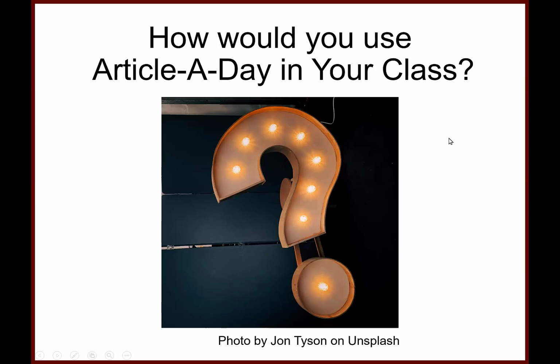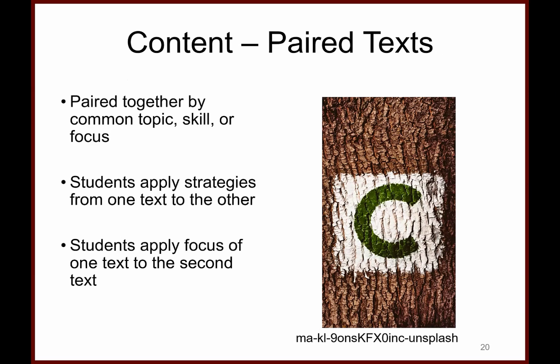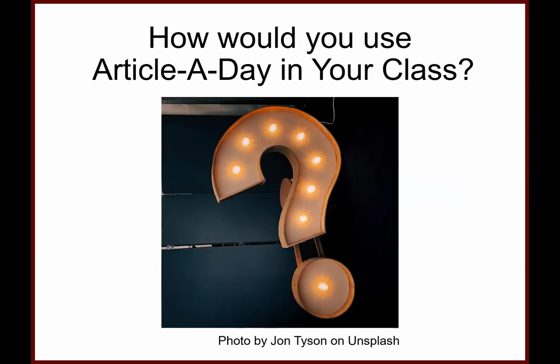Okay, I want to go back a little bit because we had some great comments from participants saying that it's a great option for students to learn in a safe environment. Daryl said that. And Nancy had a question: does it tell the exact Lexile for each article and not just the range, or is it only a range? That is a great question.